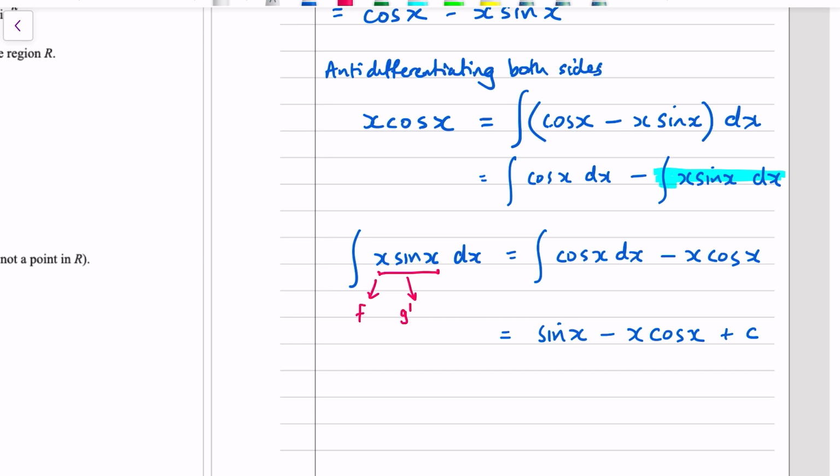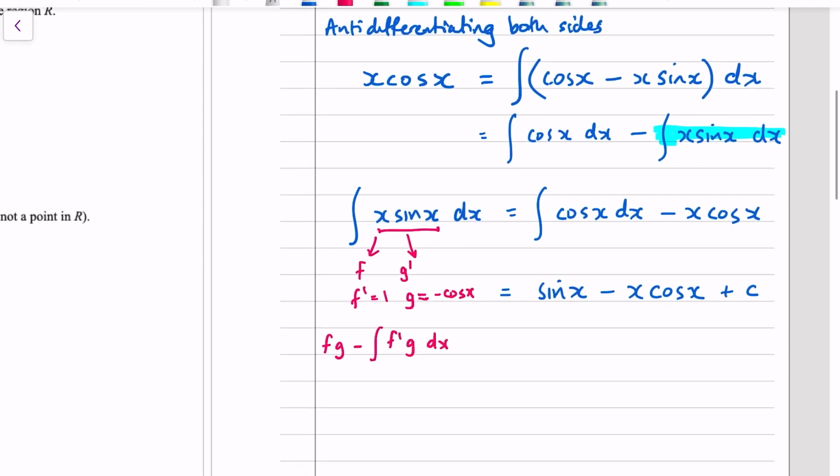Then f dash is equal to 1, and g, the antiderivative of sine x, is negative cosine x. We don't need a plus c. The integration by parts formula tells us that it's fg minus the integral of f dash g.